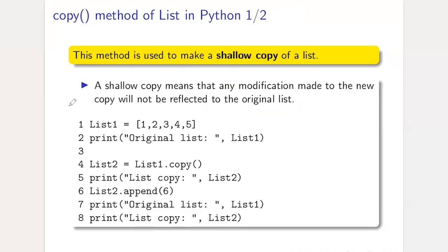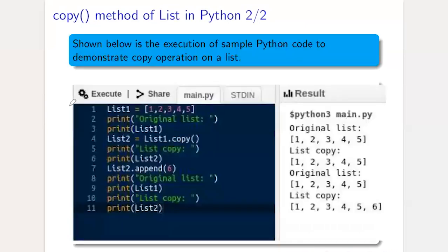Okay, so let me show that by this running example. Here's my original list with items 1, 2, 3, 4, 5. And I'm going to create a copy of that list and assign it to a variable called list2. Okay, so when I print list2, you can see I have the exact same values in the list.